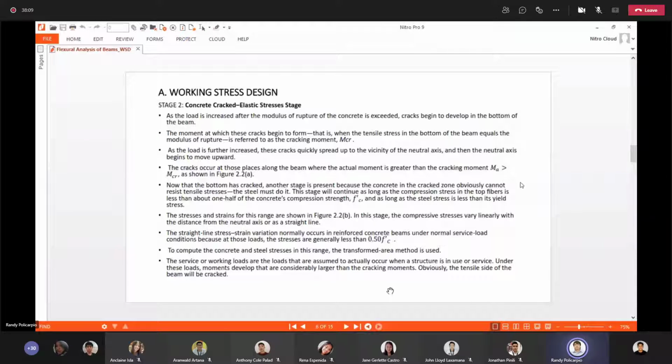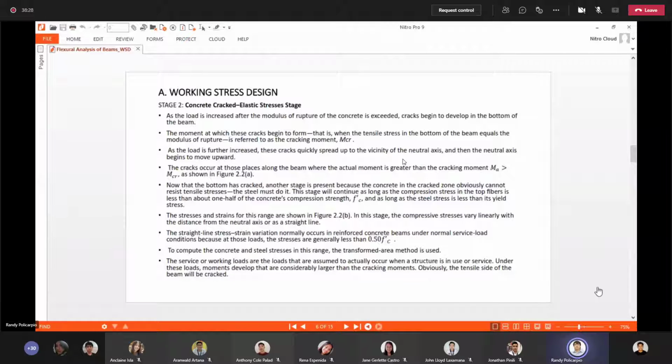Nakikita uli ba yung ating presentation? Okay, so yun, no? To determine all of this, to determine the stresses, we need to make use of the transformed area method.